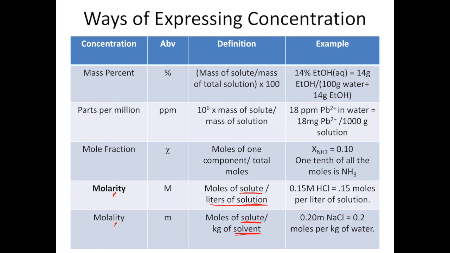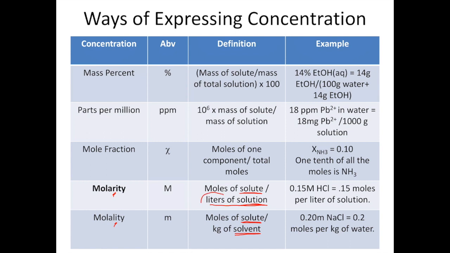of solvent. The reason why molality even exists is because if you remember back to your gas laws, if you are doing an experiment over a wide temperature range, say, for instance, I did some kinetic studies at room temperature, and we went all the way down to like negative 78 Celsius, that's a pretty big temperature difference. And when you change your temperature, your volume will change too.